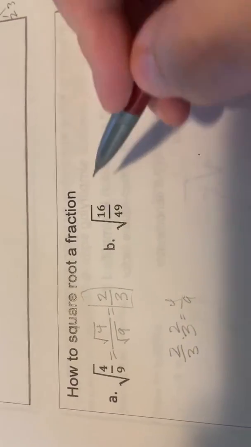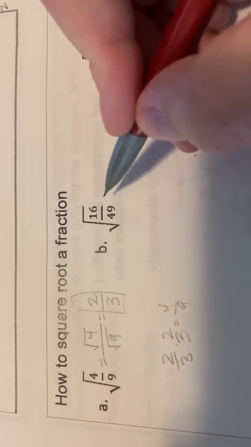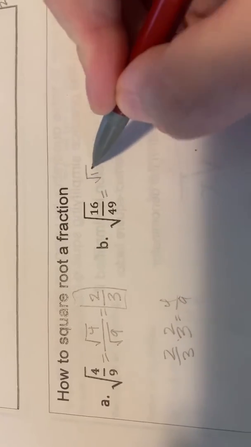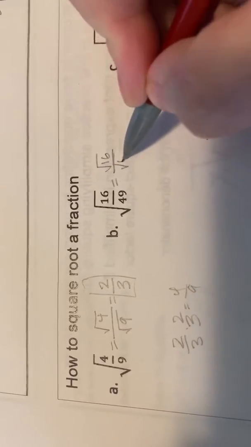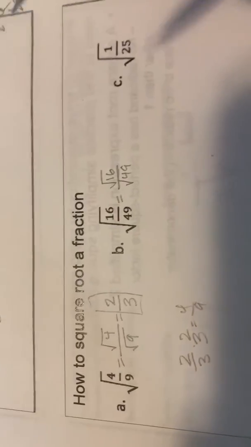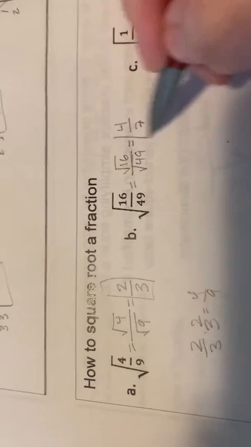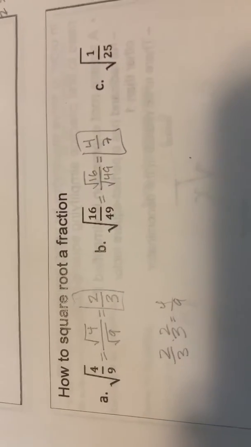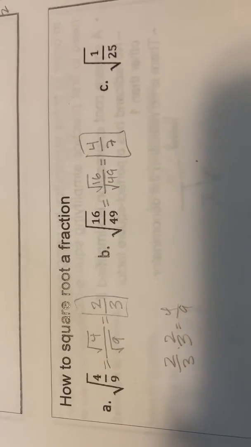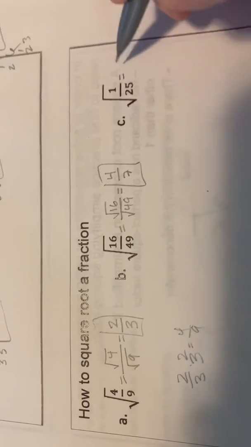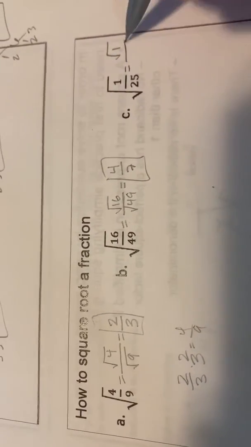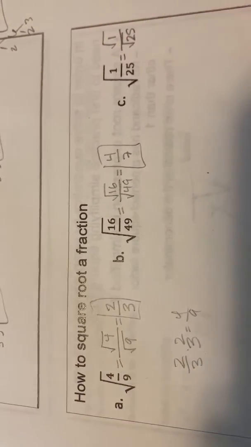So here, what times itself will give you 16/49? Okay, well, what times itself would give us 16, and what times itself would give us 49? That would be 4 and 7, which makes sense because 4/7 times 4/7 would be 16/49. This one I threw on here because I don't know why, but a lot of students seem to forget that 1 is a perfect square.